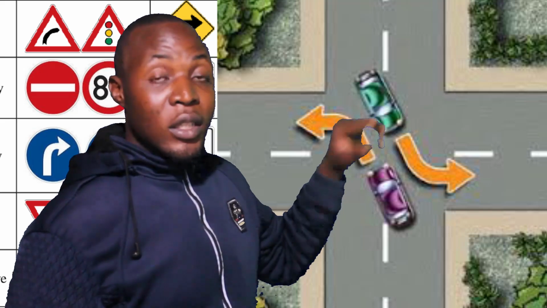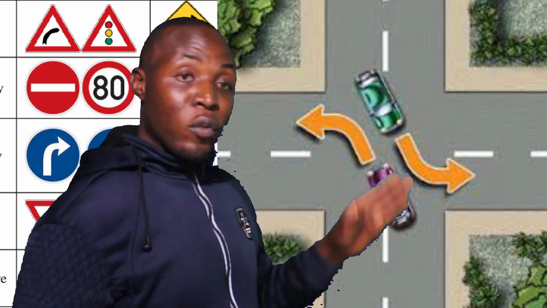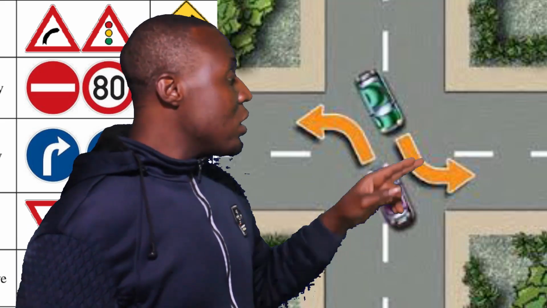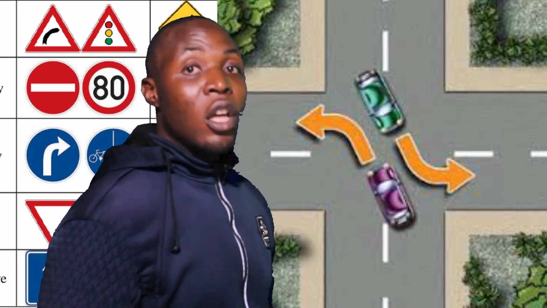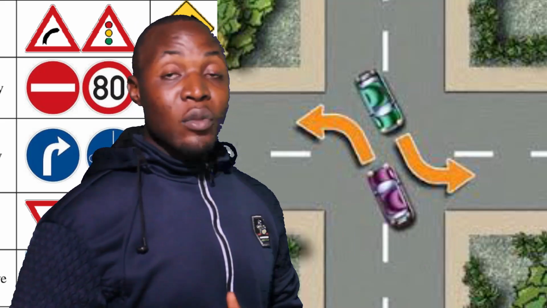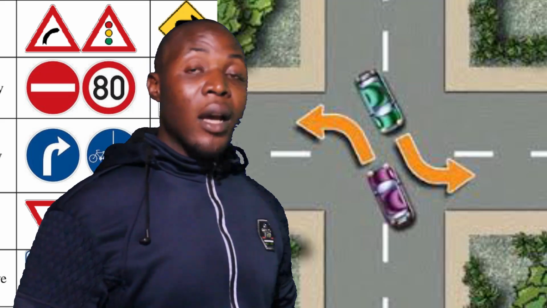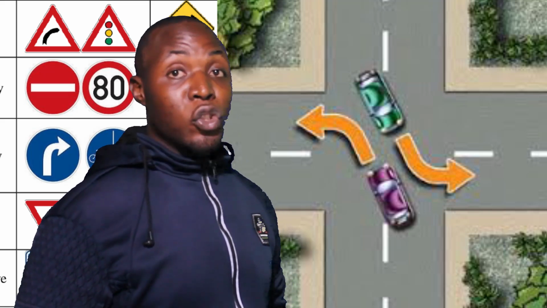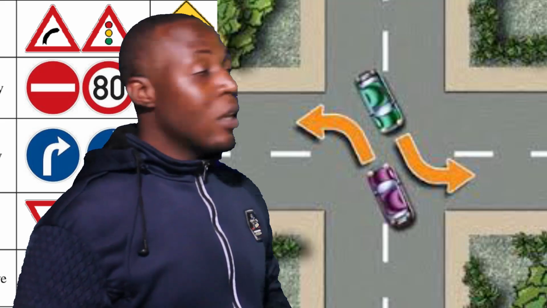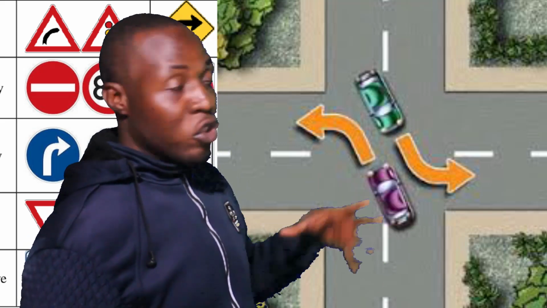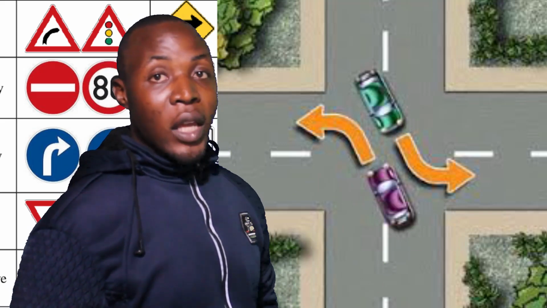Look at these two vehicles, you have to follow their lines. All the vehicles have to pass the center of the junction before they can change their direction. So wherever you are meeting a junction, you have to position yourself just as these two vehicles are positioning themselves in order to take direction.